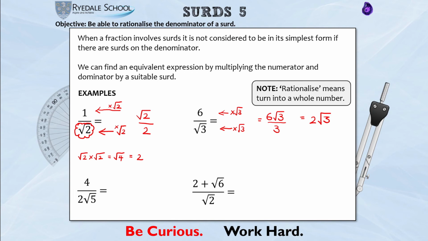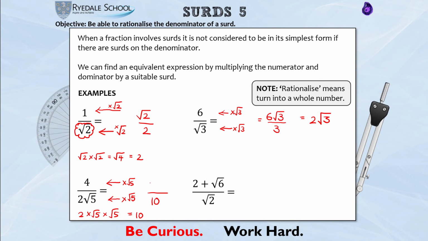Let's see what happens. If I multiply the denominator by root 5, obviously I need to multiply the numerator also by root 5. Well, 2 times root 5 times root 5. Well, root 5 times root 5 is 5 times 2 would be 10. So that makes my denominator 10.